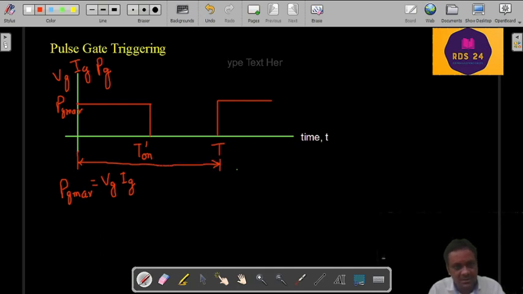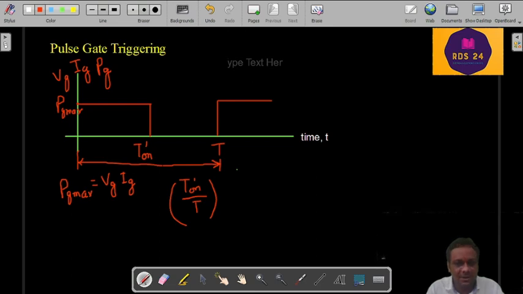For one cycle, you are going to apply pulses for a T on dash duration, not for the whole T. So that means your duty cycle will be T on dash by T. This is your duty cycle.